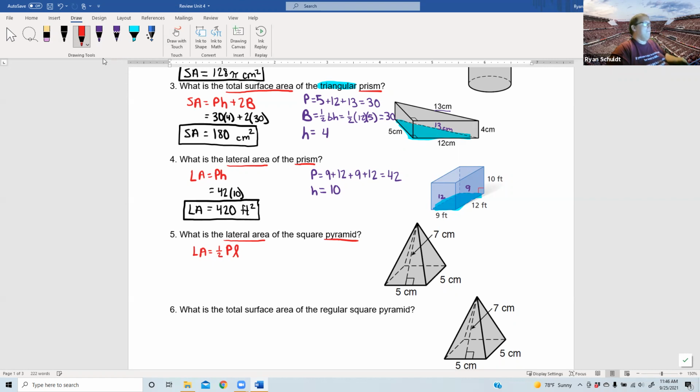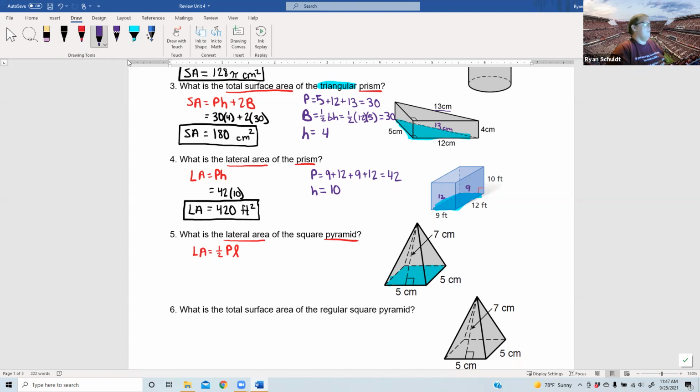So the base of the pyramid is what it's sitting on. In other words, it's going to be this square right here. This is your base.